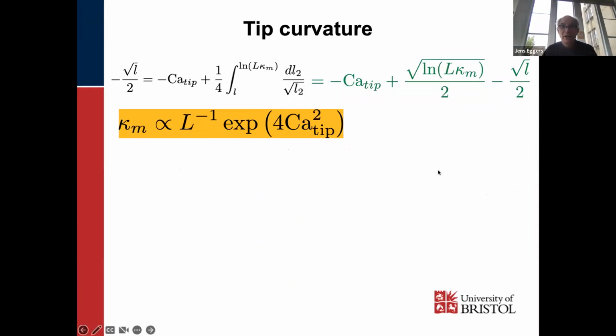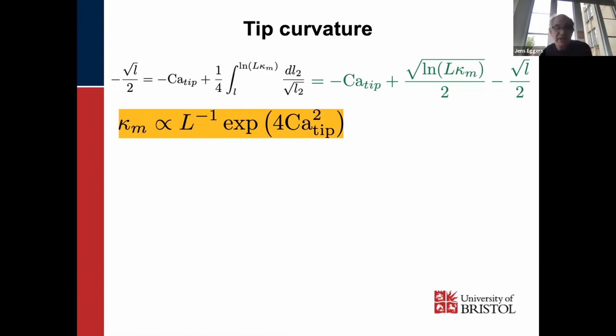You see that this dependency on L cancels, and instead what remains is an expression for the curvature of the tip, where L is a typical length scale of the problem, which I don't know at the moment. I will come back to that in a little while.